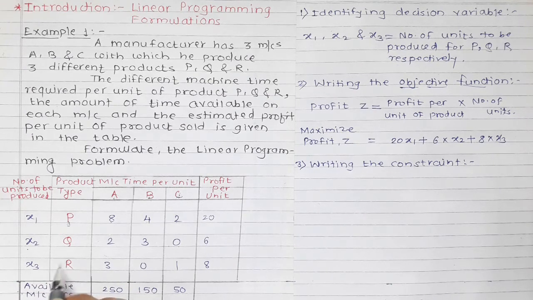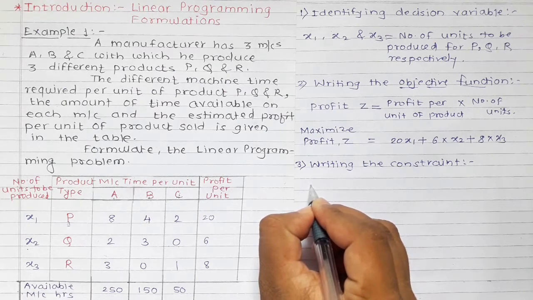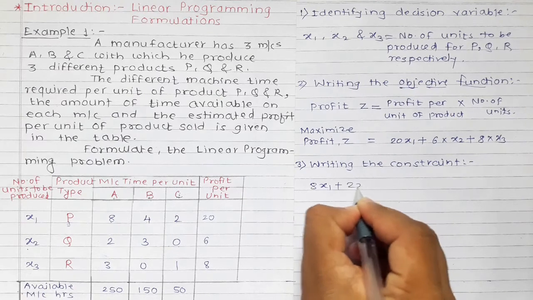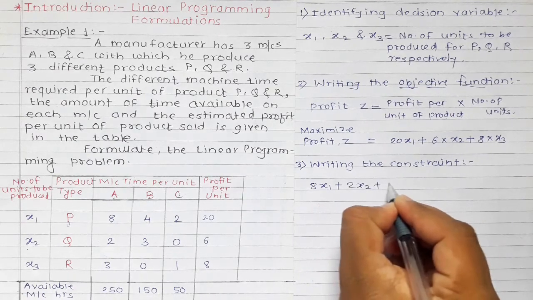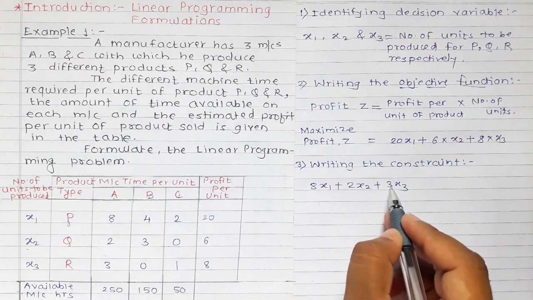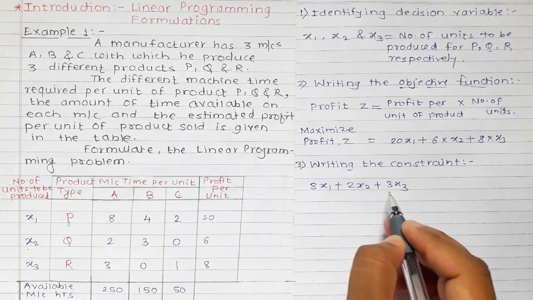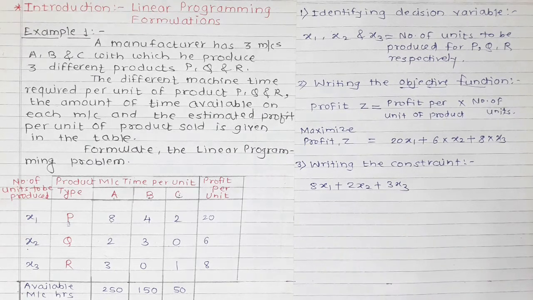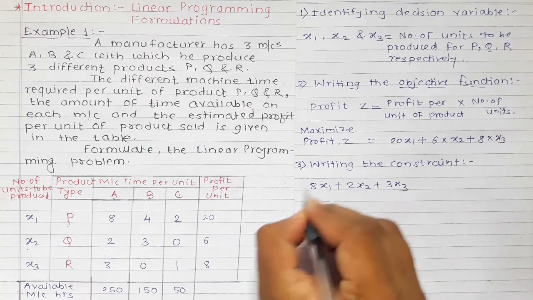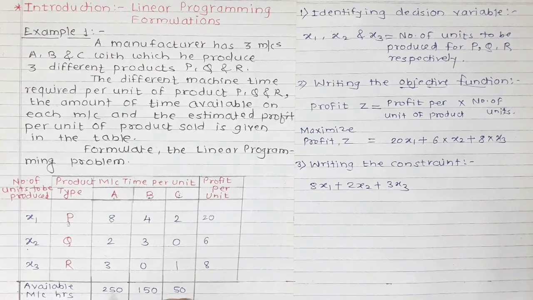So we can write here 8x1 plus 2x2 plus 3x3. Now this gives us the total time for product P, product Q and product R. But we have only 250 hours of machine A. That means the total time for product P, product Q and product R should not exceed 250 hours.